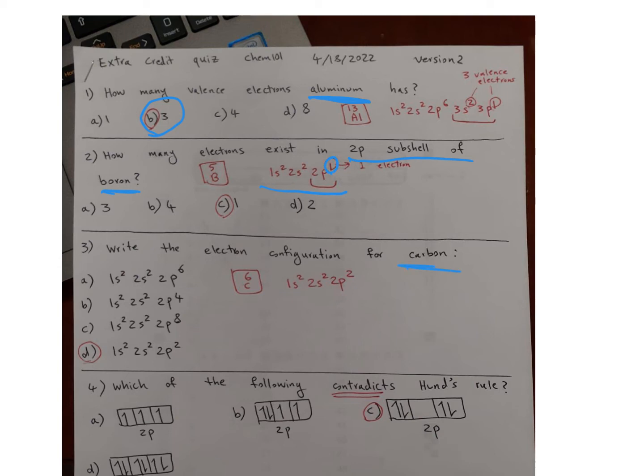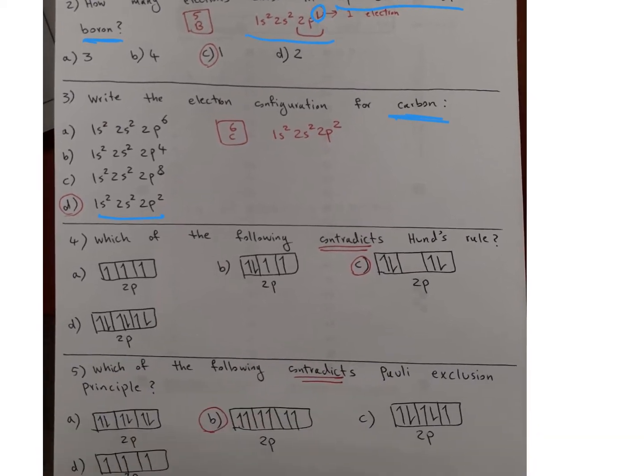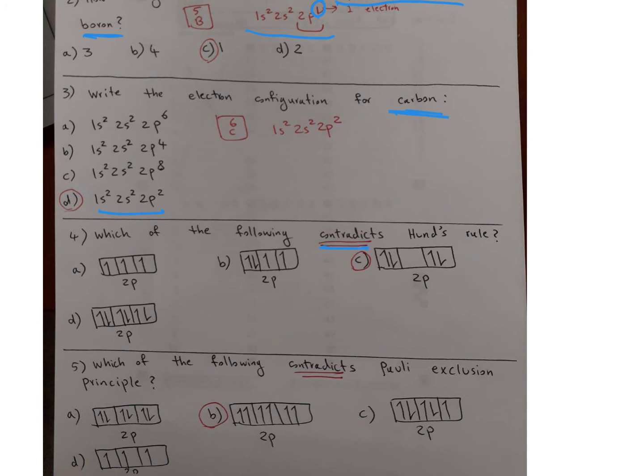And then electron configuration of carbon, we just talked about it during the last class and also the beginning of this class. We know how to write it, right? And then which one contradicts Hund's rule? Hund's rule tells me first I should fill orbitals singly, then pair them up. But here, this one doesn't have any electrons, so that is wrong.